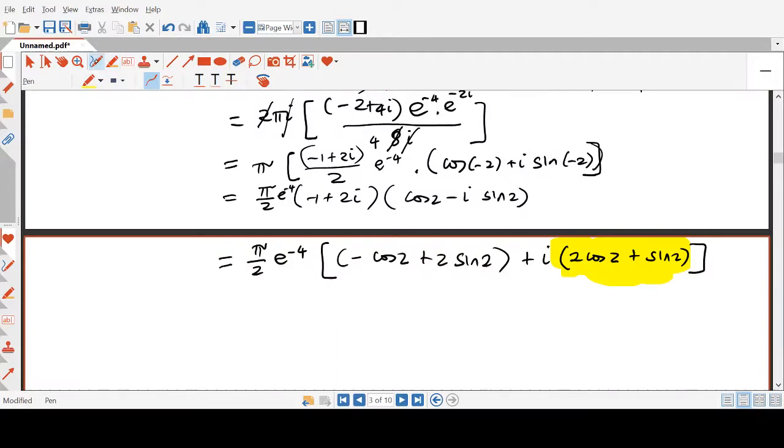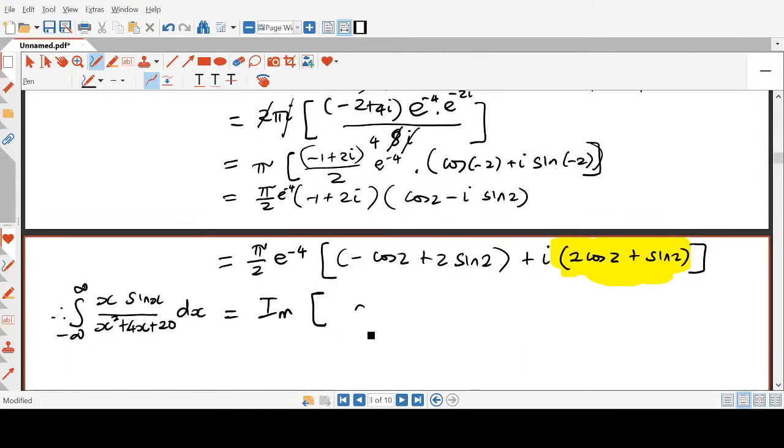So therefore, the integral of x sine x over x squared plus 4x plus 20 dx from minus infinity to plus infinity will be the imaginary part of the above. The imaginary part will simply be pi over 2 e to the minus 4 into 2 cos 2 plus sine 2.